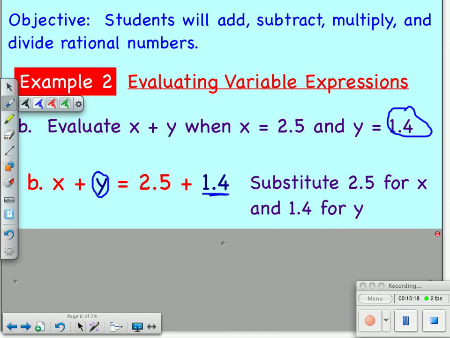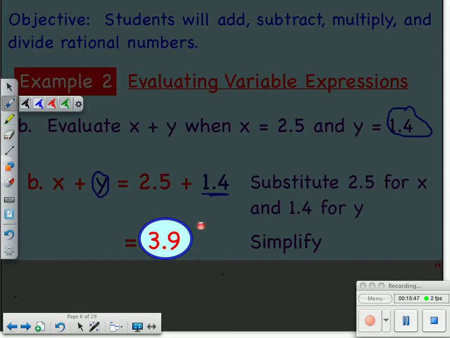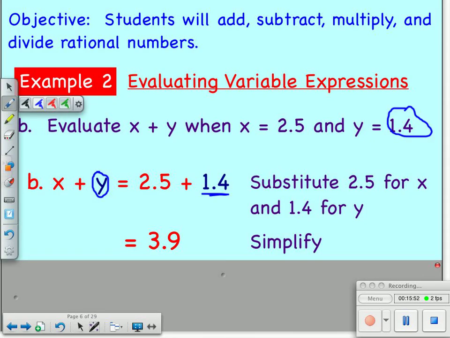Next, we find the value. 2 5/10 plus 1 4/10, focusing again on your expression here. So 2 5/10 plus 1 4/10 is 3 9/10. Okay. So the value of 2 5/10 plus 1 4/10 is 3 9/10. Go ahead and pause your video, write down this example, and when you're ready, press play. We'll move on.